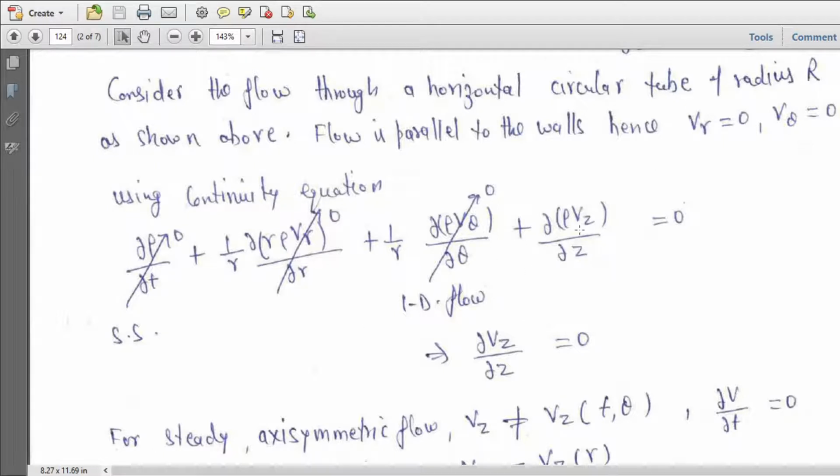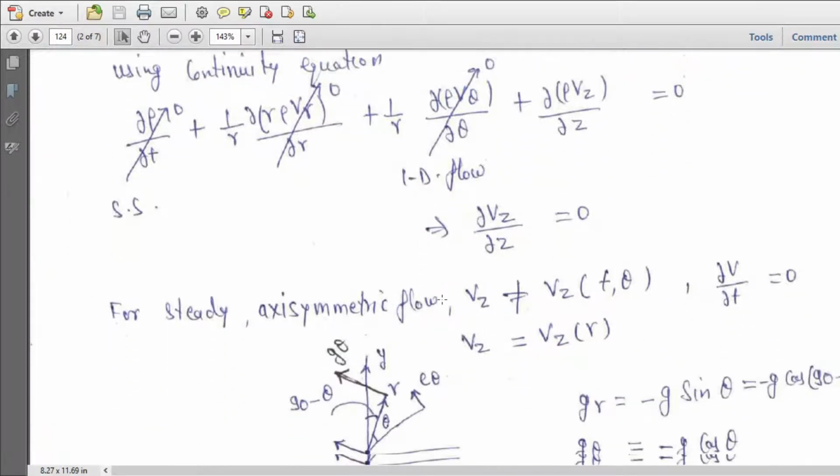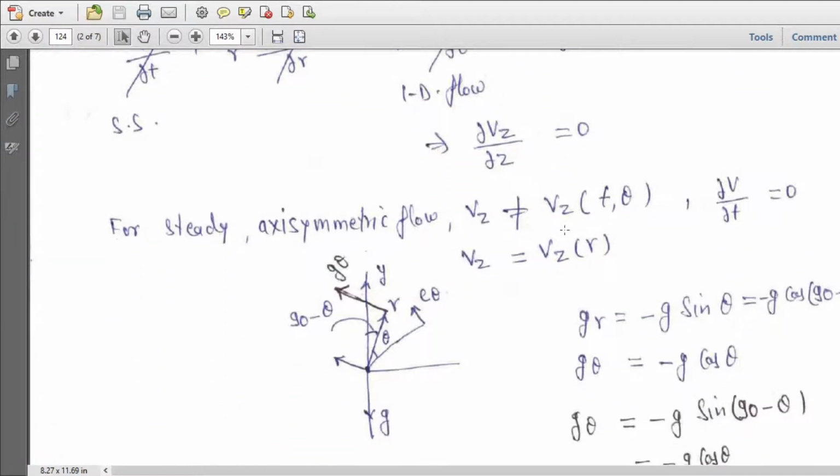So from here del Vz upon del z is equal to 0, and this term would also be equal to 0 from fully developed flow in the z direction. Now axisymmetric flow, so Vz is not a function of theta, and steady state, so the del Vz upon del t term would be 0, and Vz is totally a function of r only.